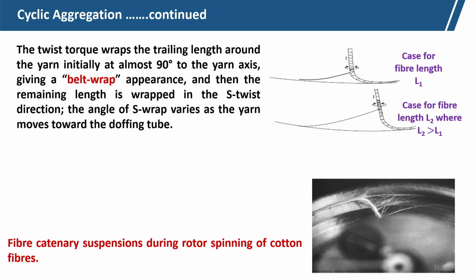Now, due to this formation, the belt wrap will be there, which is approximately a 90 degree angle, and it will wrap in the S twist direction. So, this is the fiber belt formation, here there will be belt formation.